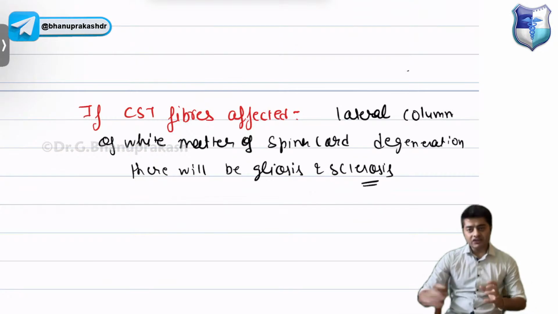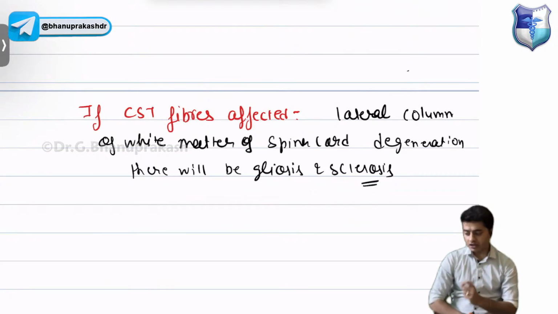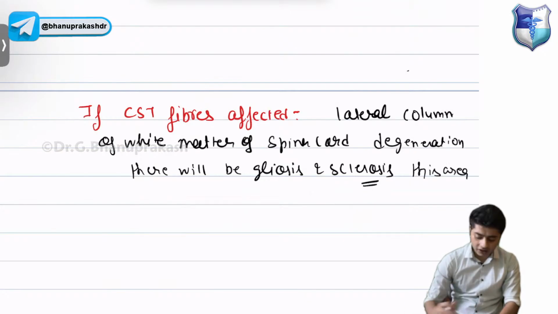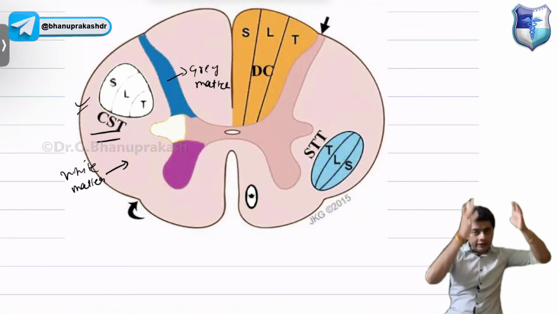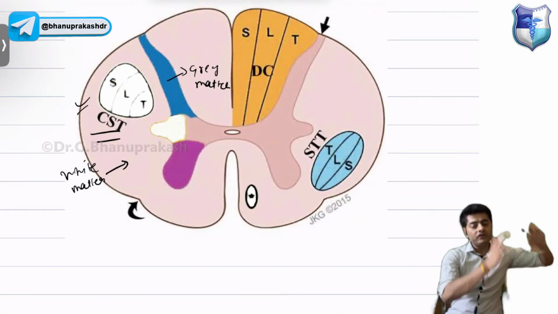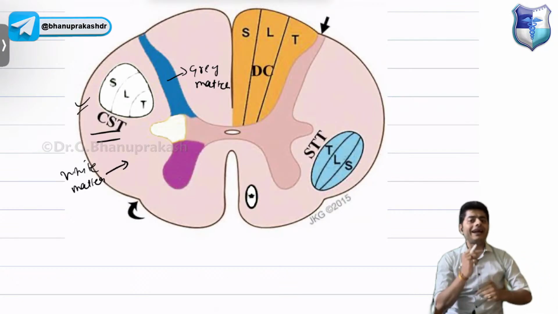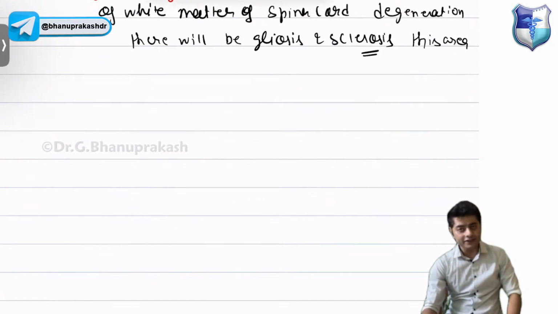Because your CST fiber passes through the lateral column of white matter, due to its degeneration there will be gliosis and sclerosis of this area. You can see in this diagram that the corticospinal tract passes through the lateral white column, so you will find gliosis and sclerosis in this area.